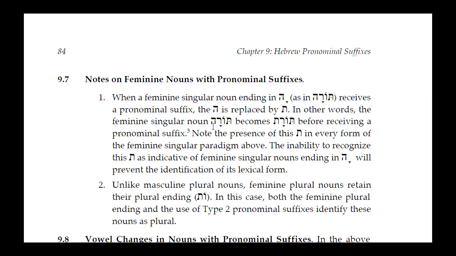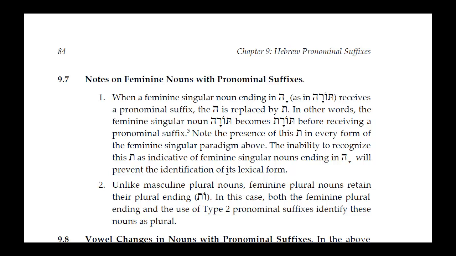In other words, the feminine singular noun Torah becomes tarat, with a tav, before receiving a pronominal suffix. Note the presence of the tav in every form of the feminine singular paradigm above. The inability to recognize this tav as indicative of the feminine singular noun ending in the comments hey will prevent identification of its lexical form.